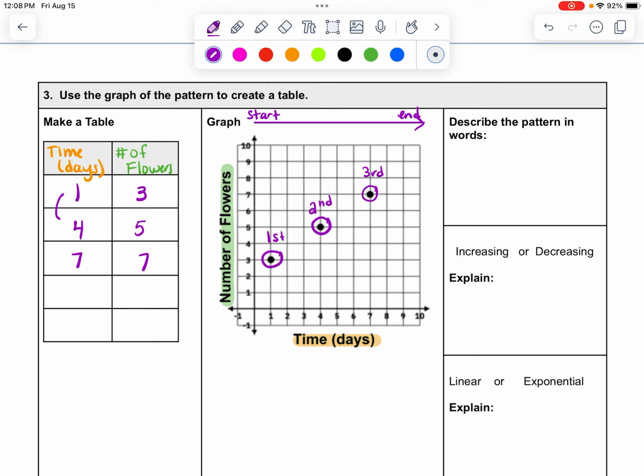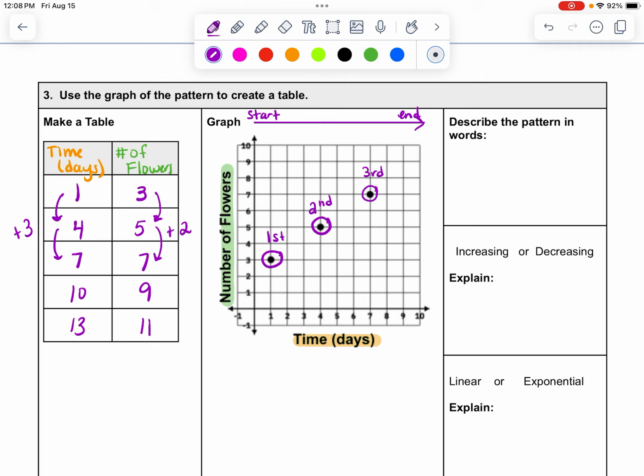On the left side, I'm noticing that these numbers are going up by 3 each time. So if I continue that pattern, I get 10 and 13. On the right side, I'm noticing that these numbers are going up by 2 each time. So if I continue that pattern, I get 9 and 11.